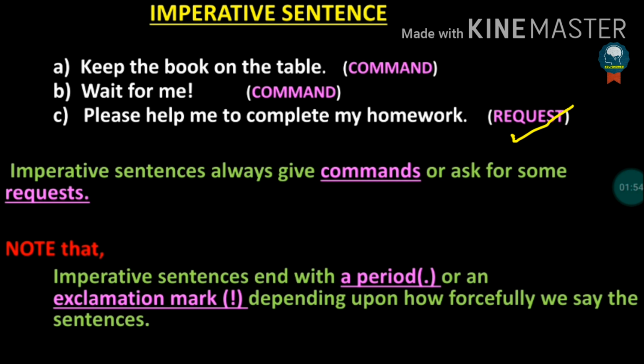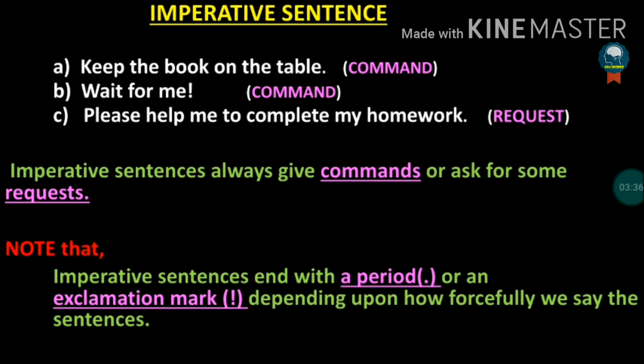So therefore, example number 3 is a sentence that contains a request. So from the above examples, we get to know that imperative sentences are those sentences which give any command or ask for some requests. Notice the ending of these sentences.